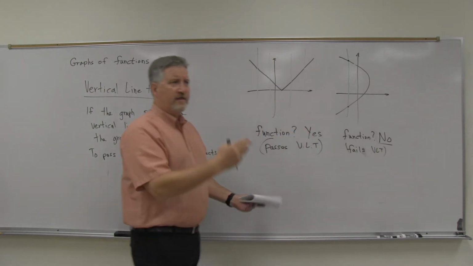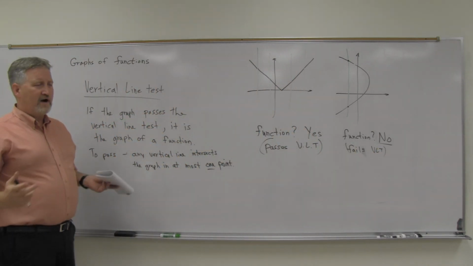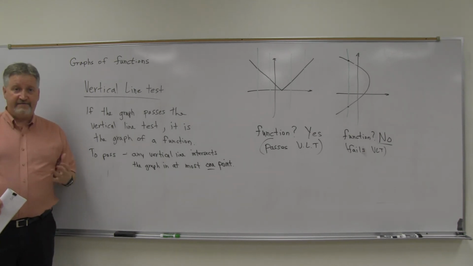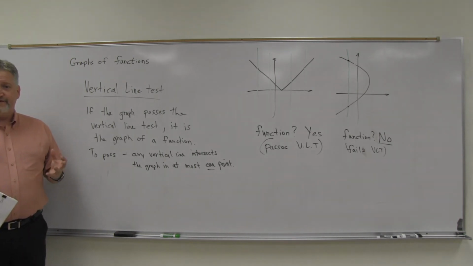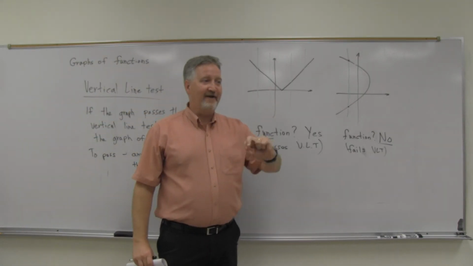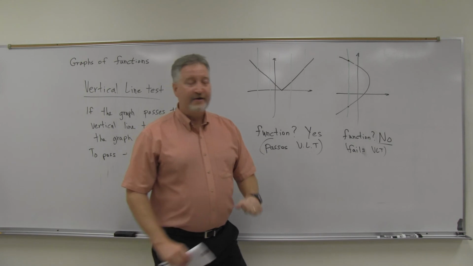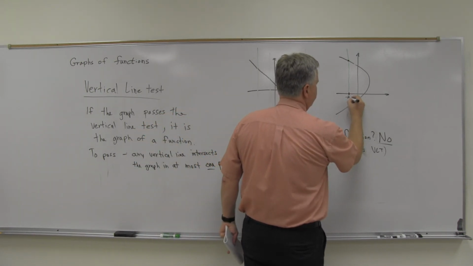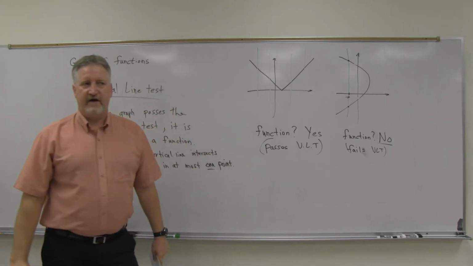Now, this is a good one to show you why the vertical line test is a test for functions. It does go back to the definition of function. Remember, to be a function, 1 x goes to what? 1 y. Look at this x value right here. I don't know what it is, but let's call it -2.